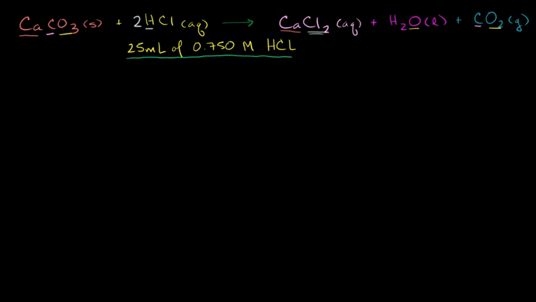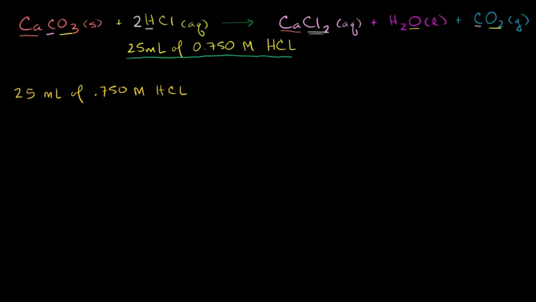So let's do that. We are starting off with 25 milliliters of 0.750 molar HCl solution. And let's convert this to moles of hydrochloric acid.